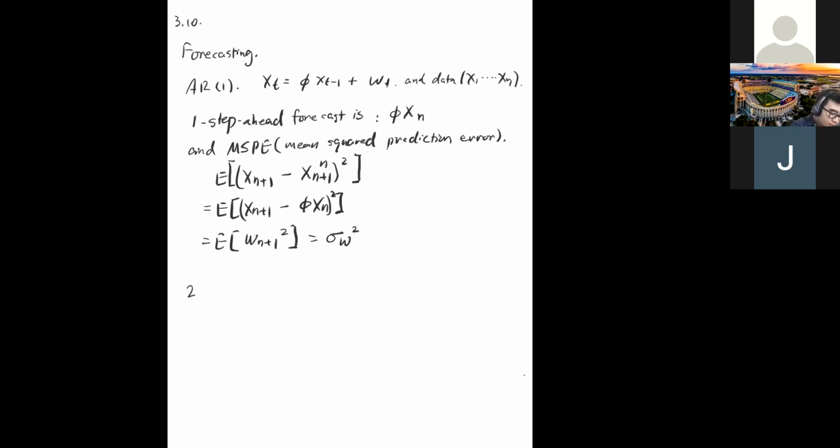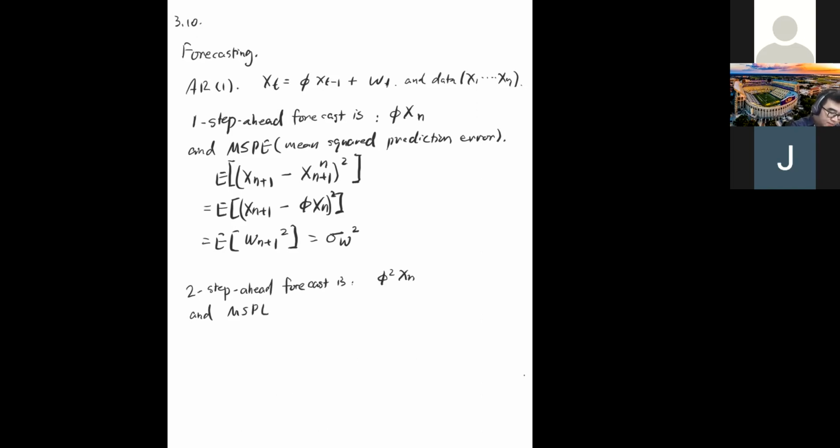Okay, and we showed the two-step ahead forecast is phi squared x_n.